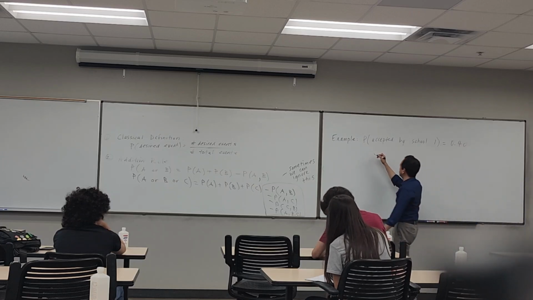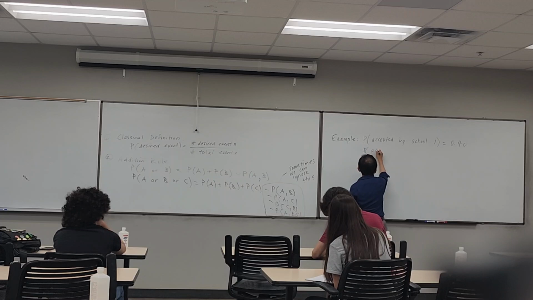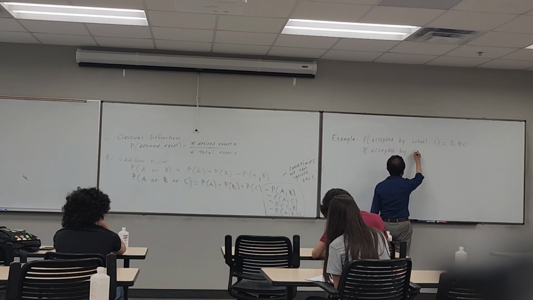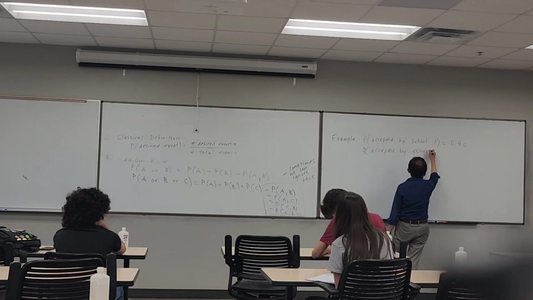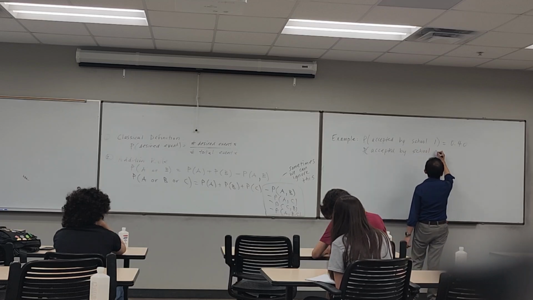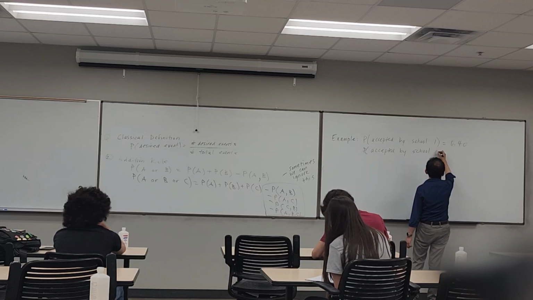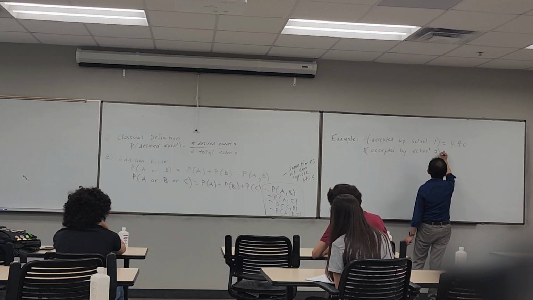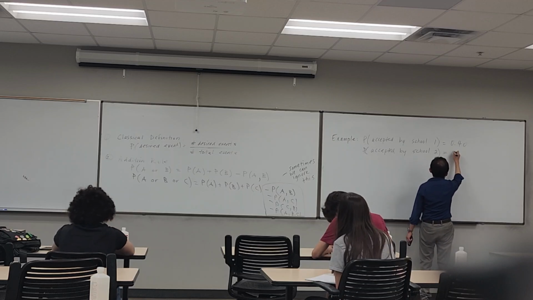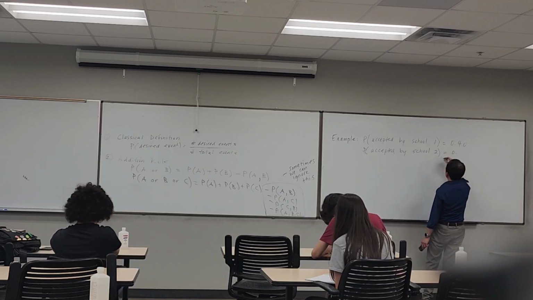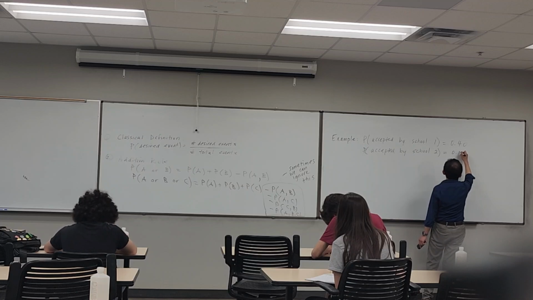The probability of getting accepted by school two is going to be, let's say, 20%.